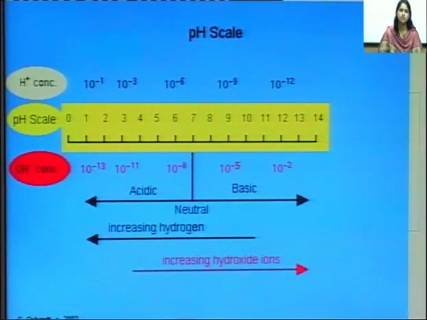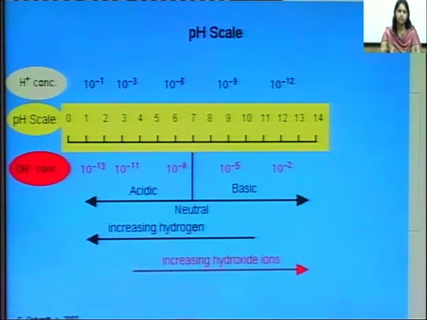So, this is the pH scale. I have clearly indicated here what the pH scale is. It varies from 0 to 14, and I have indicated the hydronium ion concentration and also the hydroxyl ion concentration. For the acidic solution, the hydronium ion concentration is greater than 10 raised to minus 7. For the basic solution, it is less than 10 raised to minus 7. For the neutral solution, it is equal to 10 raised to power minus 7.